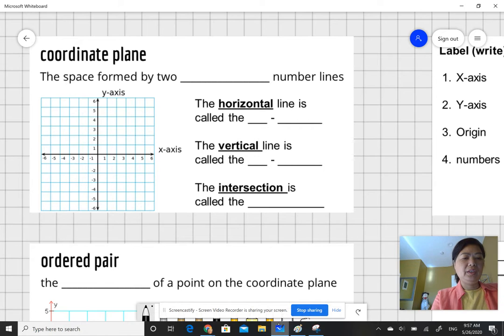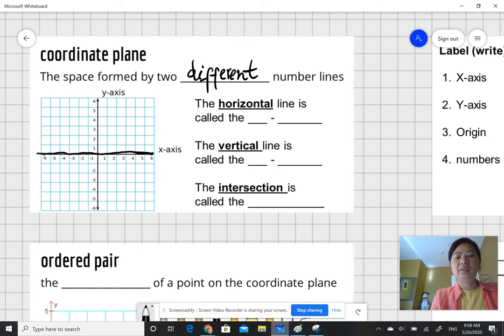Well, this picture is a coordinate plane, and the coordinate plane is the space formed by two different number lines, right? The first number line you see here is the horizontal line, right?